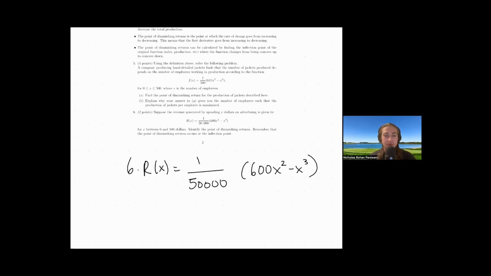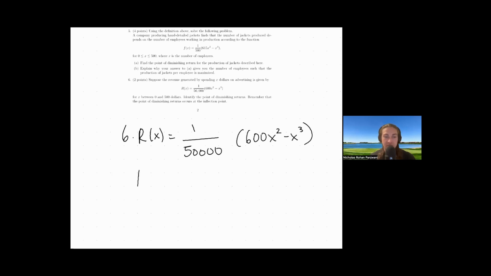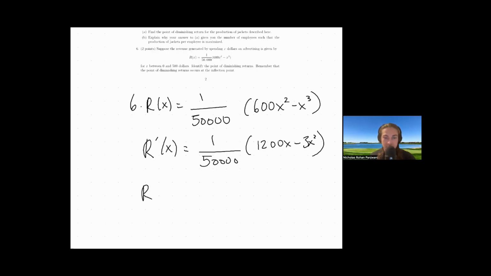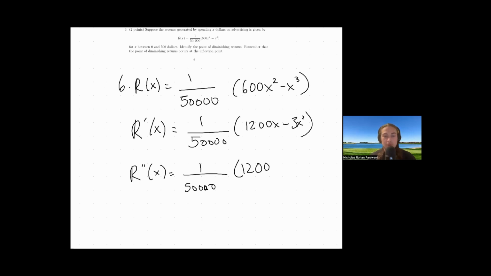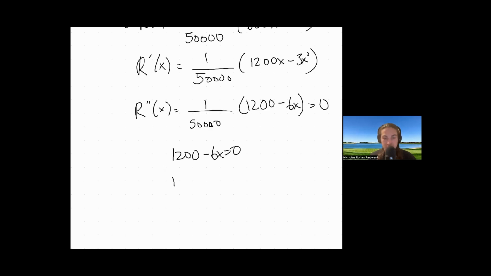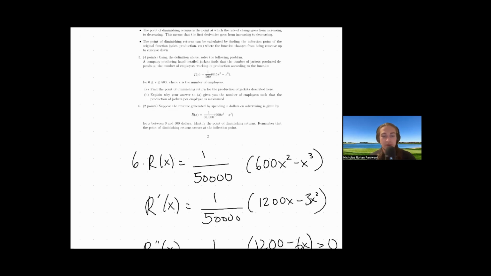Same deal. So we need r double prime, but we first need to get r prime. Boom. And it's X dollars, so $200.